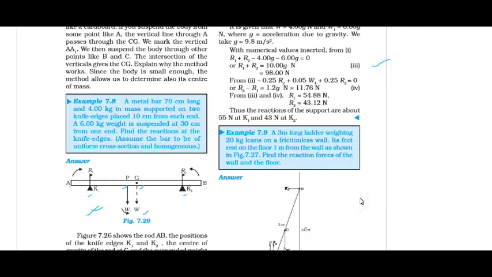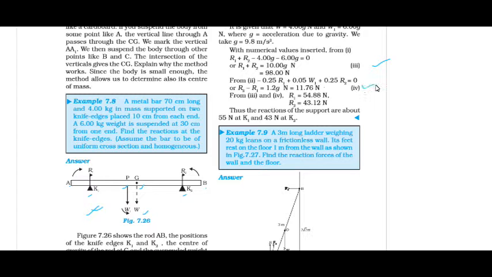Now, from equation 2, we can write minus 0.25 R1 plus 0.05 W1 plus 0.25 R2 is equal to 0, or R2 minus R1 is equal to 1.2g Newton, which is equal to 11.76 Newton.